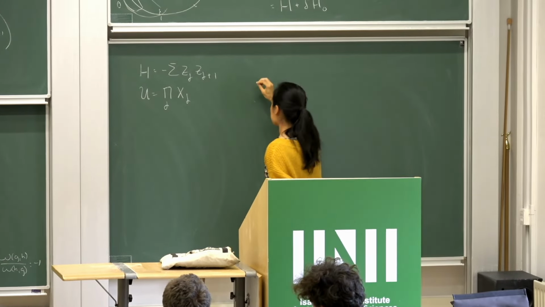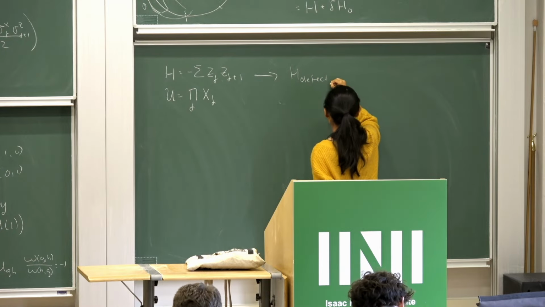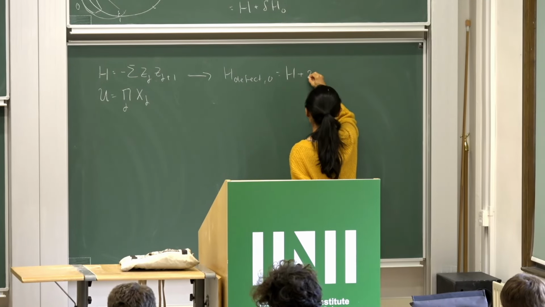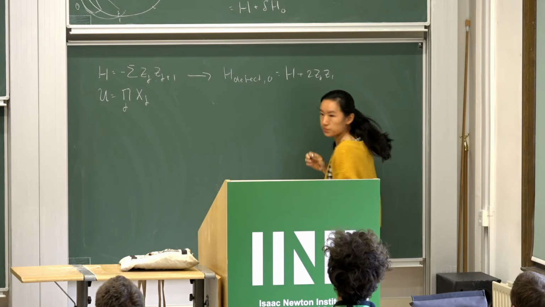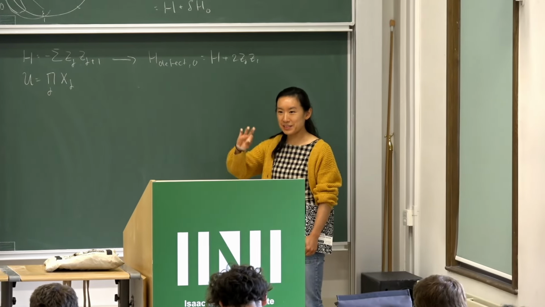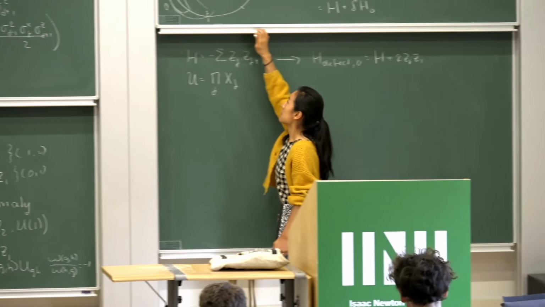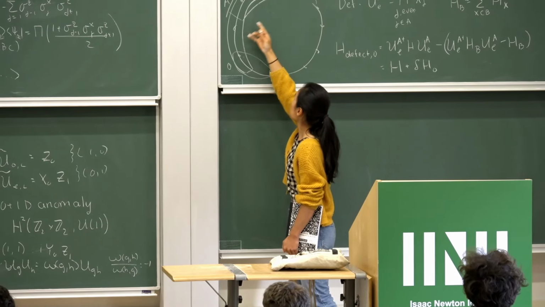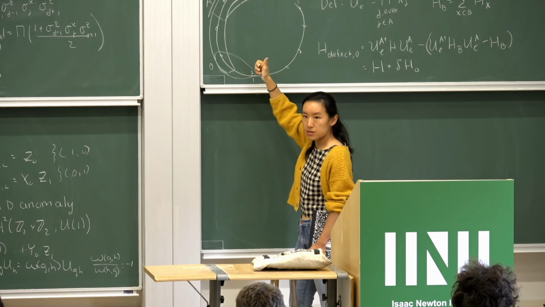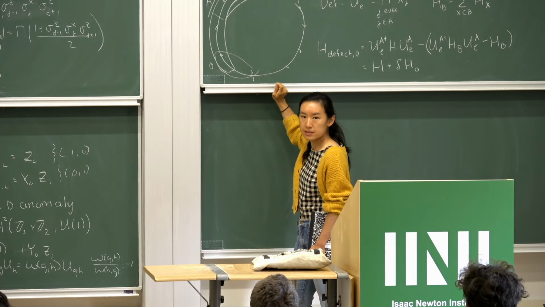So if you do this exercise, you'll find that H defect 0 equals H plus 2 Z0 Z1. And so you can see that you flipped the sign of one of the couplings, so all of the ZZ terms will come with a coefficient of -1 except for the one here. What that indicates is that you've inserted a Z2 symmetry flux, and so now you're on periodic boundary conditions twisted by that Z2 flux.